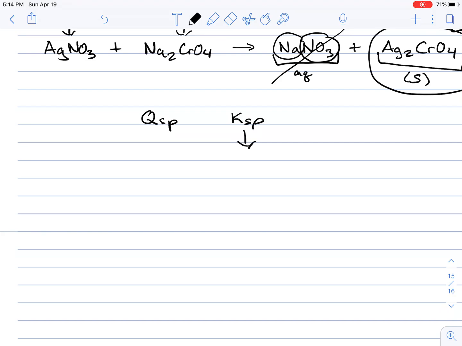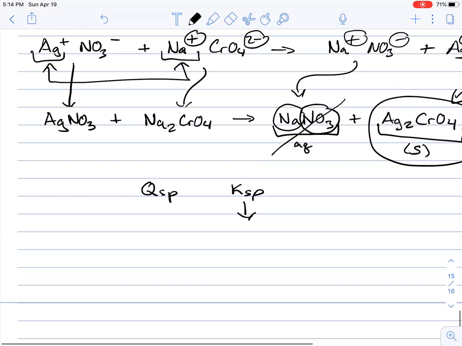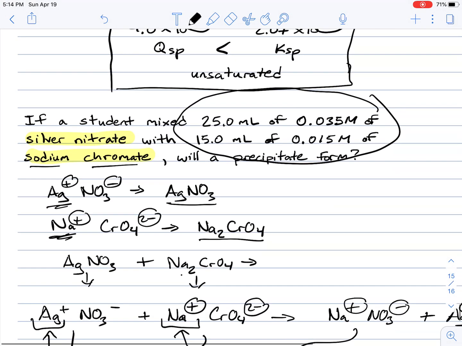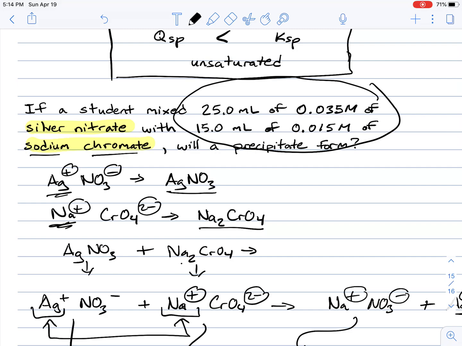The problem didn't give us Ksp, so this is something that we're going to have to look up, or you just have to go to the reference page that I'll post on Canvas and look up the values. But the Ksp for silver chromate is going to be 1.1 times 10 to the negative 12.